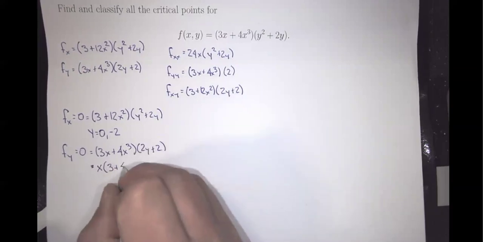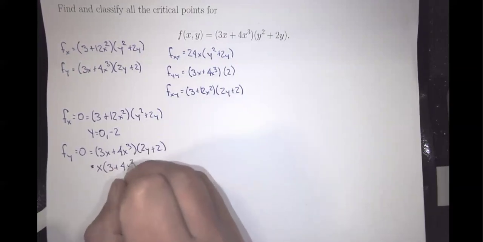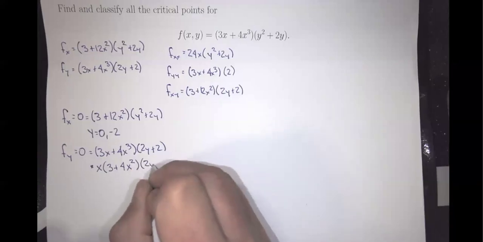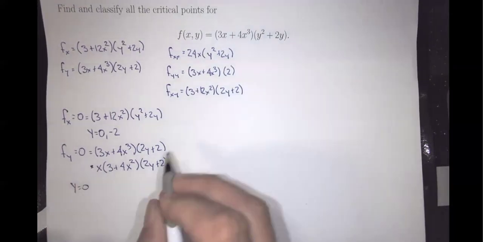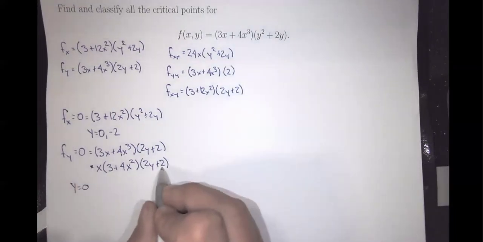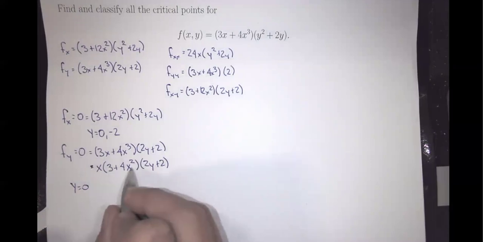So this is going to be x(3 + 4x²)(2y + 2). Now at y = 0, we've got a positive 2 here. We're not going to be able to make this thing 0 because that's always positive, so that will tell us that x is equal to 0.